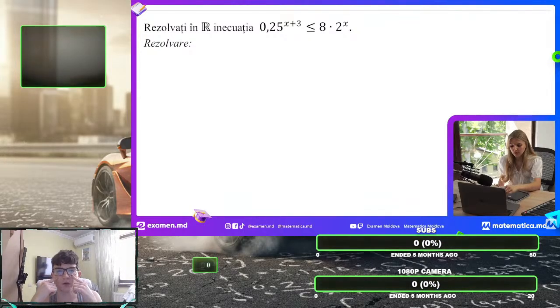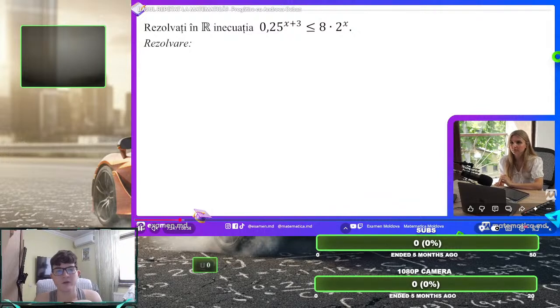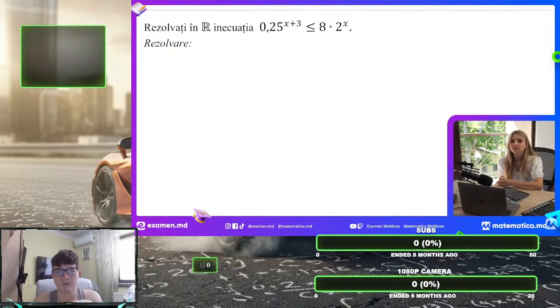We can put that as 2 to the power 3, times 2 to the power of x, and we work from there. The 1 divided by 4, we can put as 2 to the power minus 2, so I got the same base, multiply the stuff.